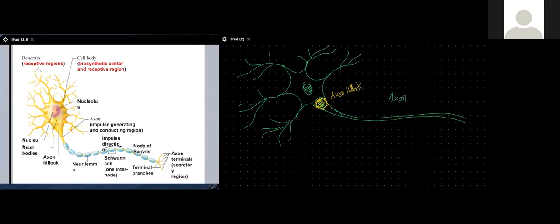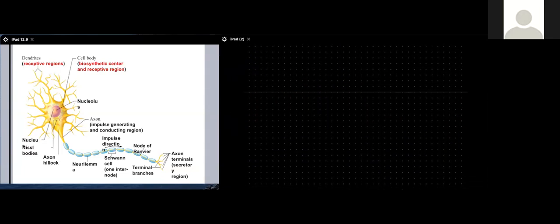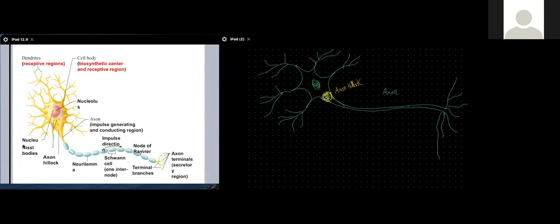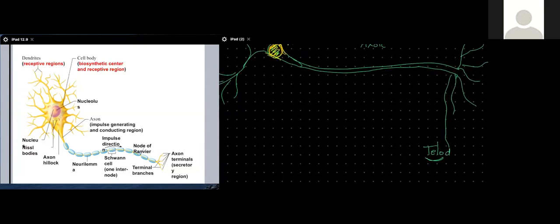The axon of the nerve cell will have terminal processes like this, and those terminal processes are what we call the telodendria. Telo is tail, and dendro is processes.